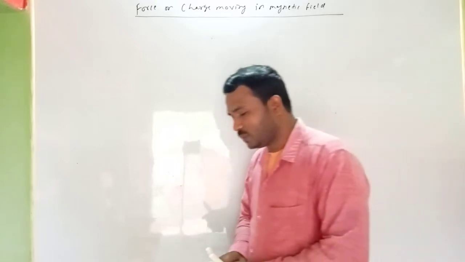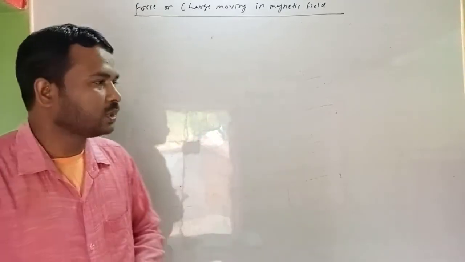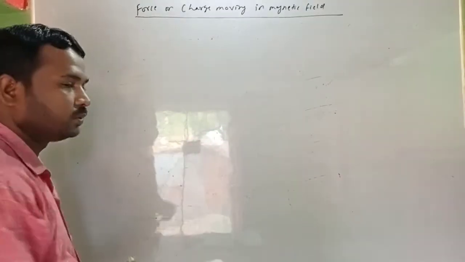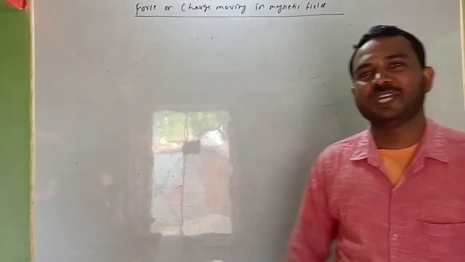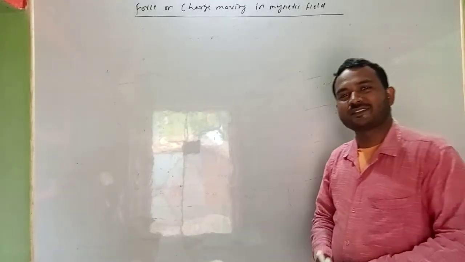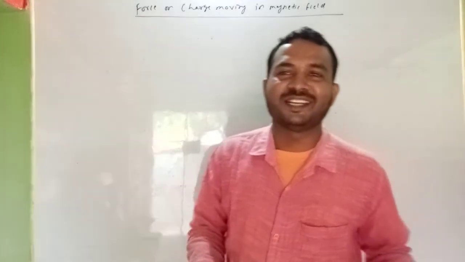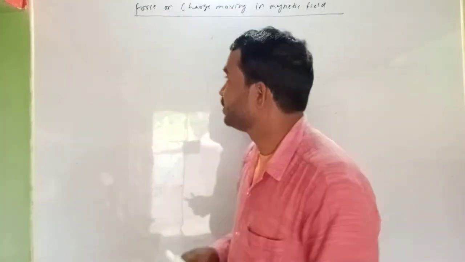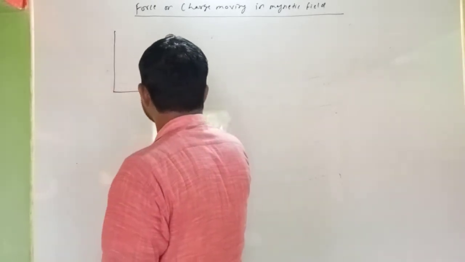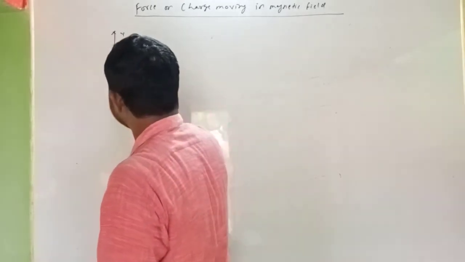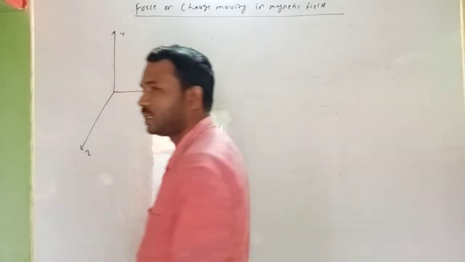But before that, suppose we have a coordinate frame. We have already discussed the x-axis, y-axis and z-axis. Okay, very good. So suppose this is the x-axis, this is the y-axis and this is the z-axis.